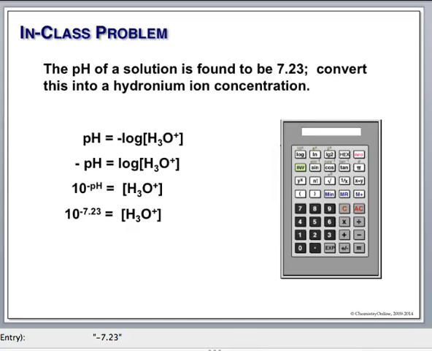So how would I get my hydronium ion? I would type in minus 7.23. Now on my calculator, I'd push the green button, and then I would push this guy. And I get 5.883644 times 10 to the minus 8.